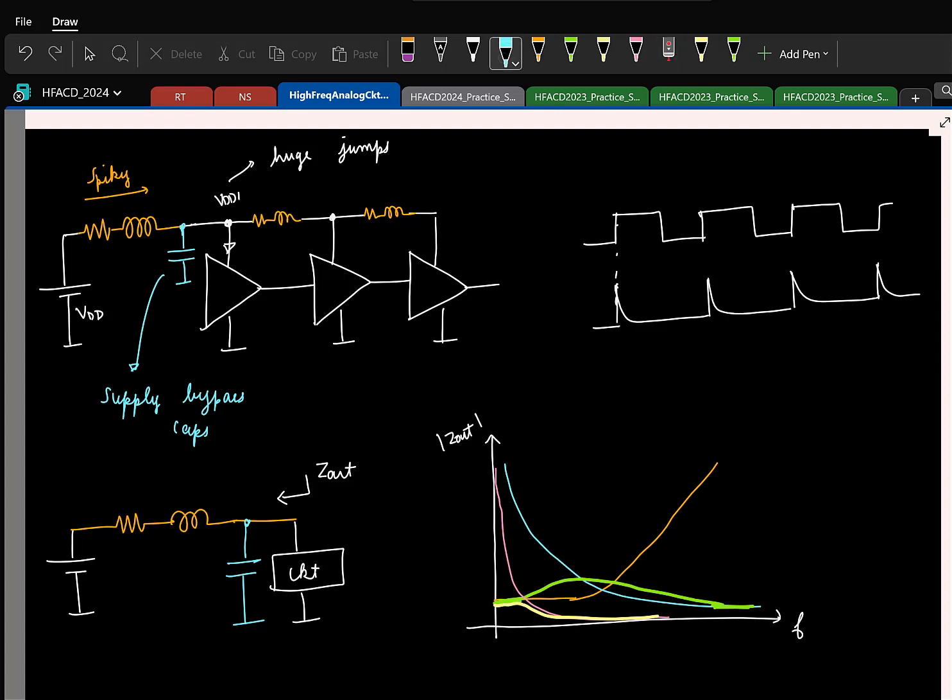But having a large capacitor is also not a practical solution because it's going to take up a lot of area. So in practice, you can put a limited cap. Which means this problem will not get eliminated completely, but you can reduce it to some extent. So the final supply you see here will be your actual VDD. On top of it, you will have small variations.